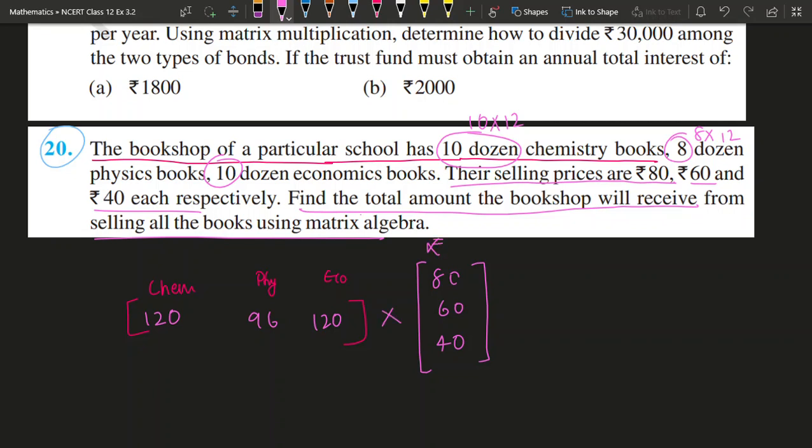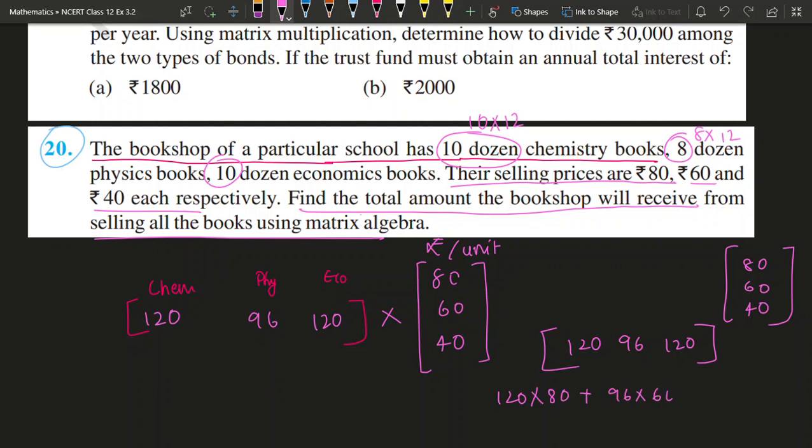These are the prices per unit. So you are doing a matrix multiplication of a row vector with a column vector. And the answer would be a single number. So you are doing 120 times 80 plus 96 times 60 plus 120 times 40.